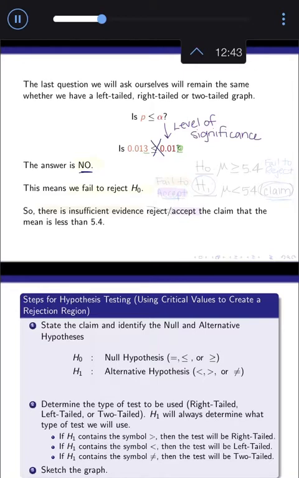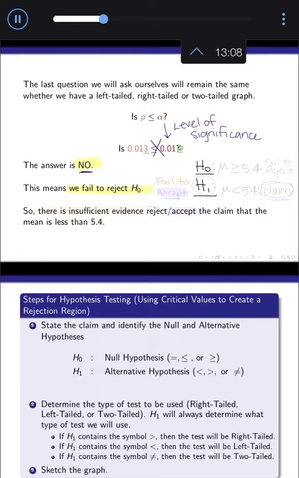Remember, if the answer is no, that means we fail to reject H0. Remember, failing to reject H0 does not mean that we're accepting. So as a reminder, we had our H0 and our H1.